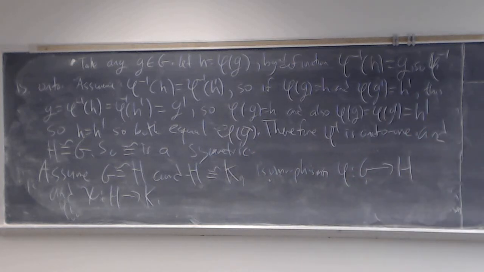We have to try to prove that G is isomorphic to K. So a natural method would be function composition.